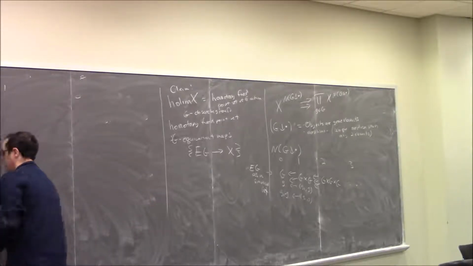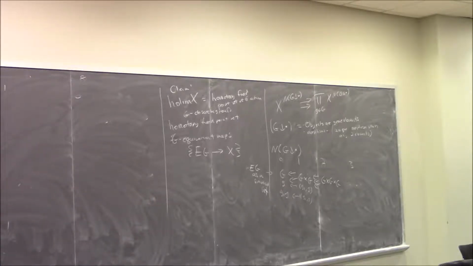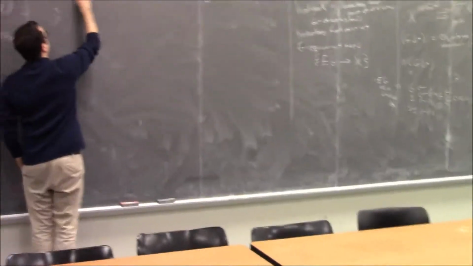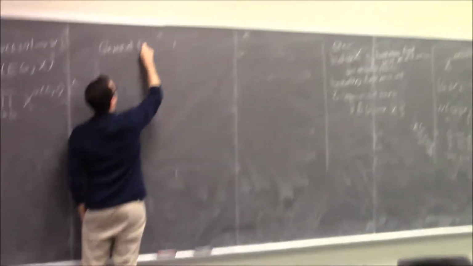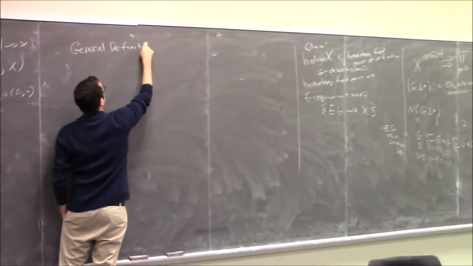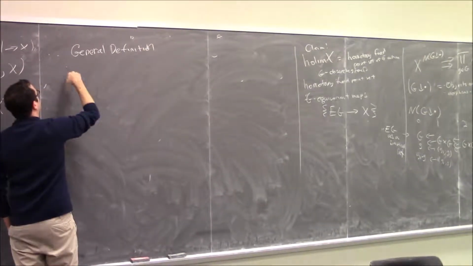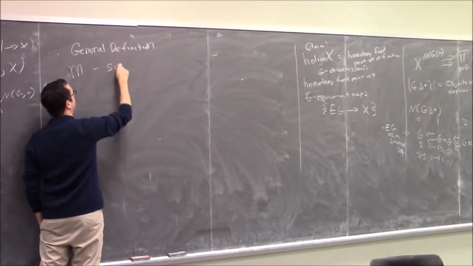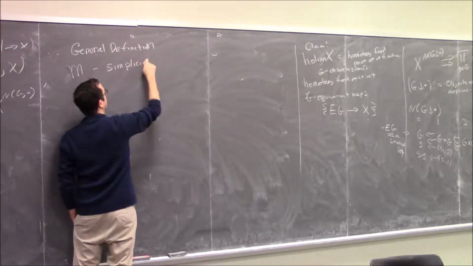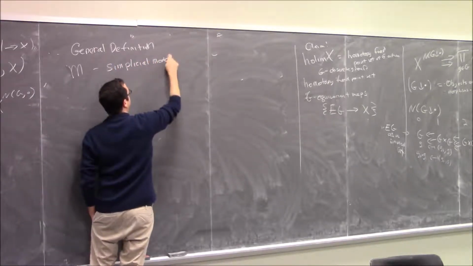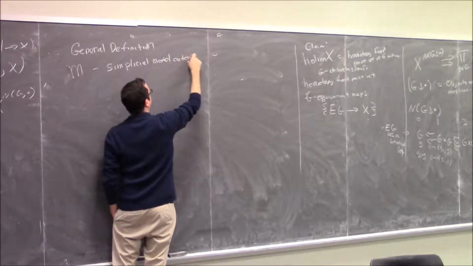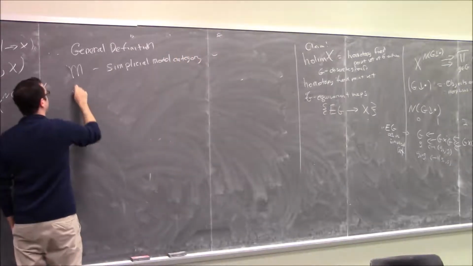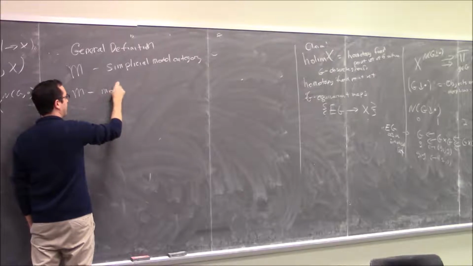Okay, so for the general definition, we need M to be a simplicial model category.